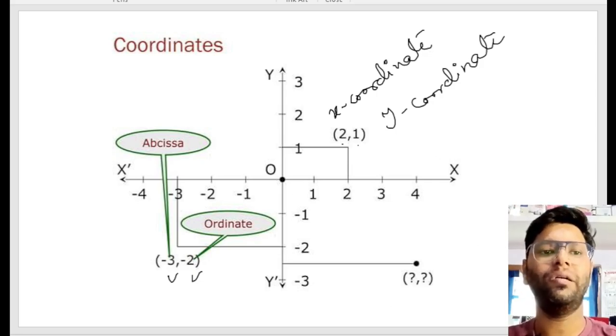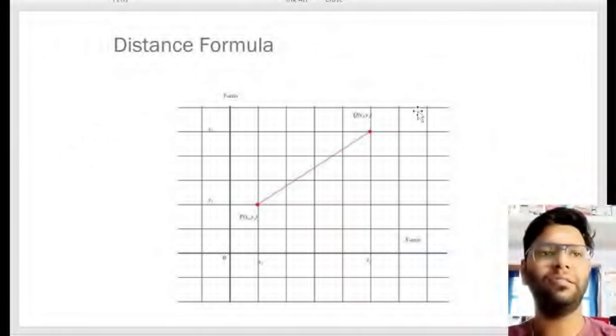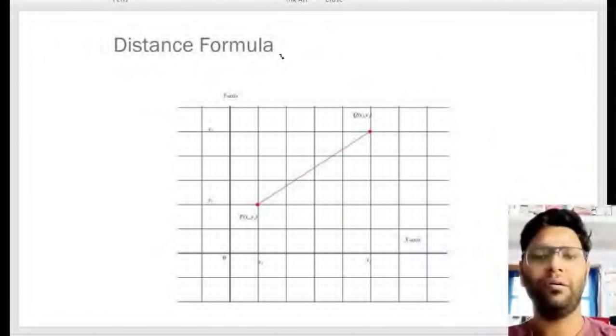I hope you have understood. So now we'll calculate the distance between 2 points, that is the distance formula from our class 10, right? This is very important, the distance formula. Questions from this are asked. So let's say you can see here one point and here is the other point.